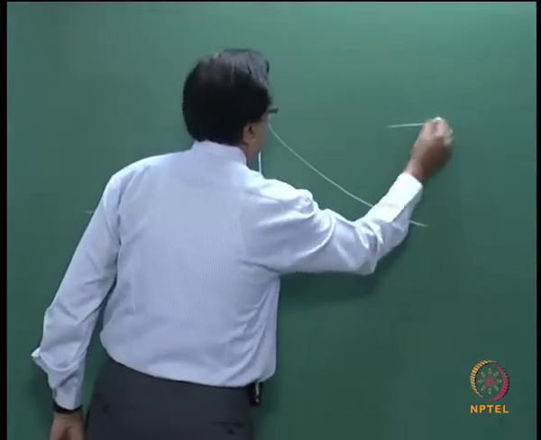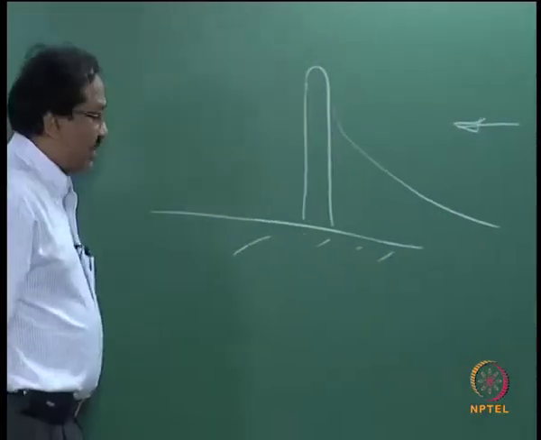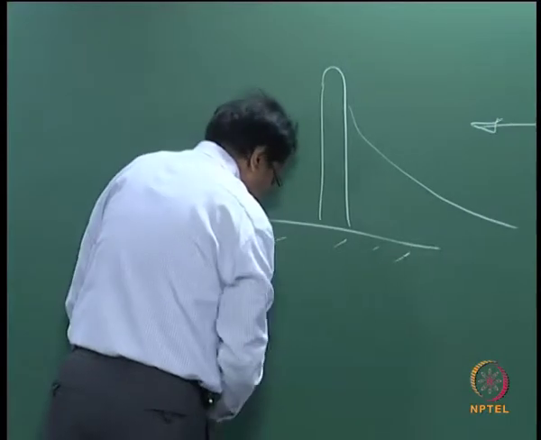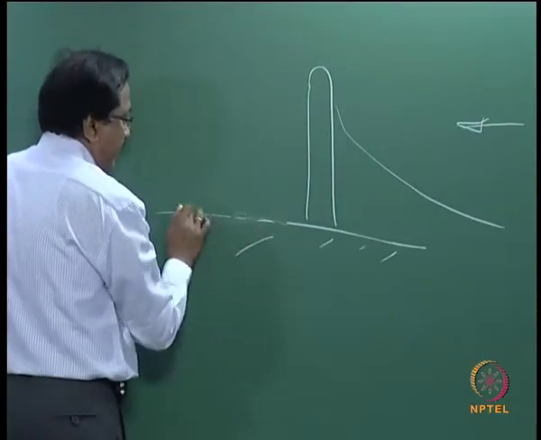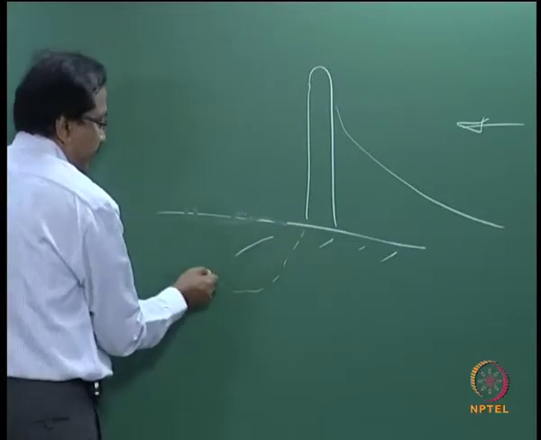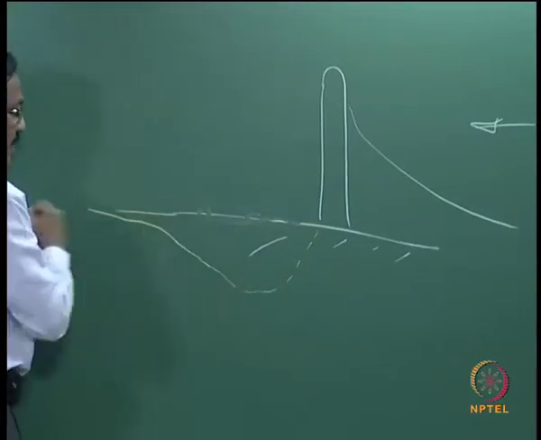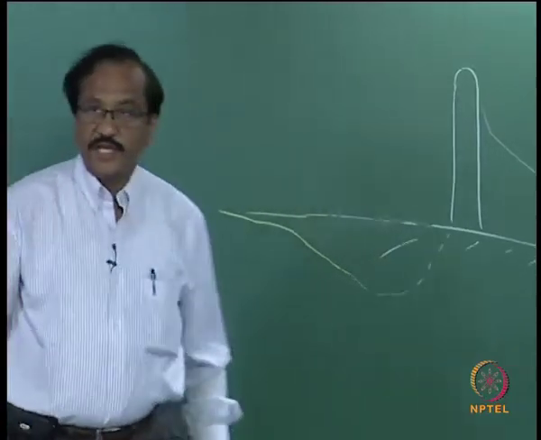So when the littoral drift is moving in this direction, you expect the deposition to take place like this, and then you have the erosion taking place in this direction.